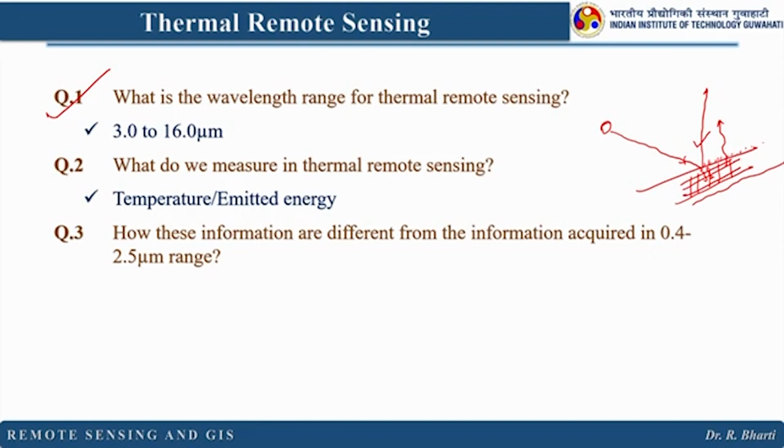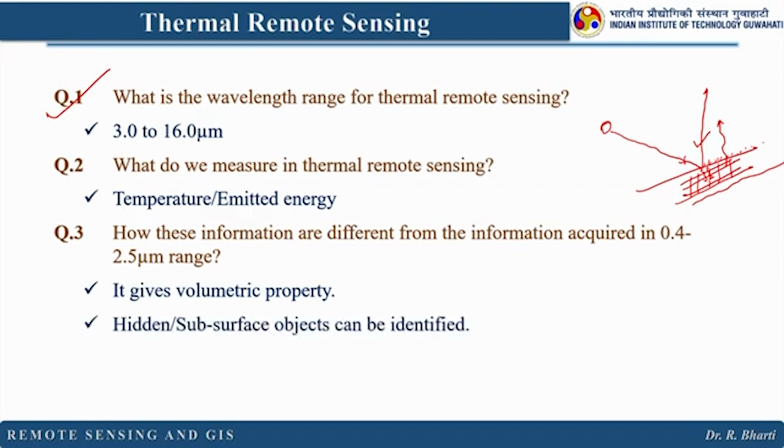So this is the basic difference between reflected and emitted energy. The information will definitely be different. It gives you a volumetric property, and because of that, hidden or subsurface objects can be identified. Now, let us see some examples.